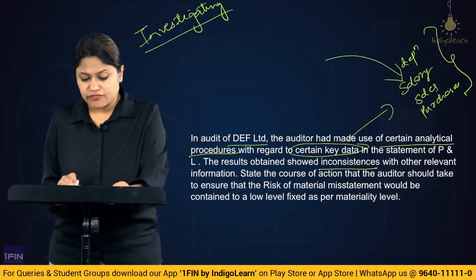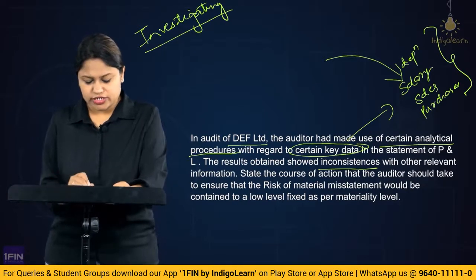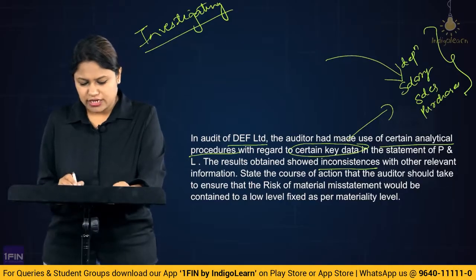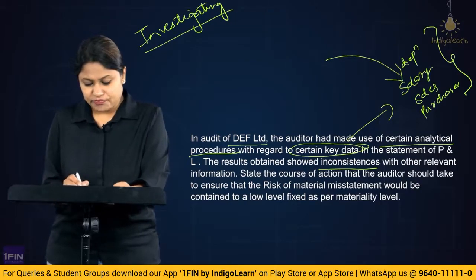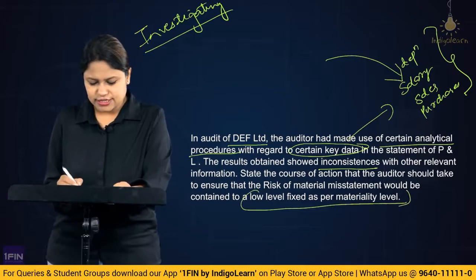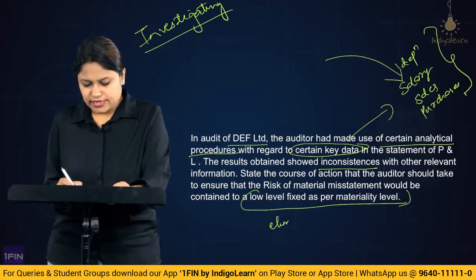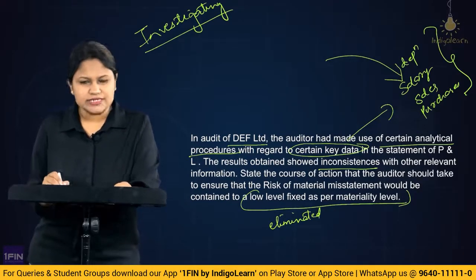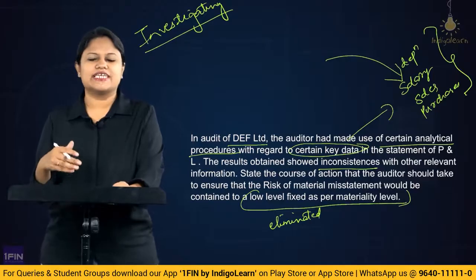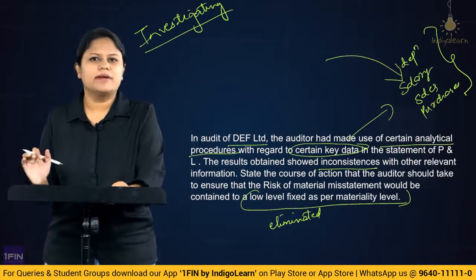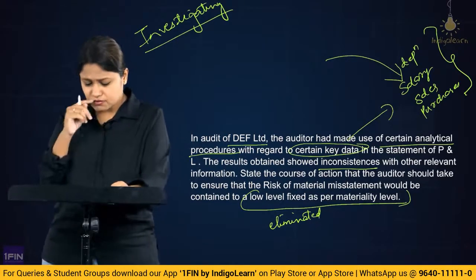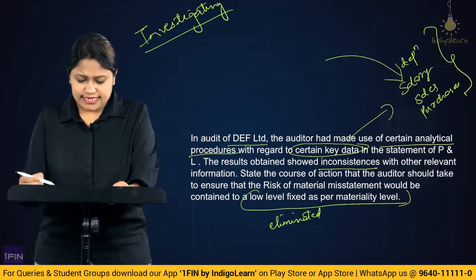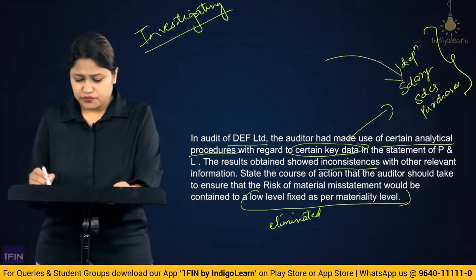Now, state the course of action that the auditor should take to ensure that the risk of material misstatement would be contained to a low level as per the materiality level. Instead of this, they could also say eliminate it. Obviously auditors cannot bring it to zero, so we are going to consider it a low level. But when we study, we say we are trying to eliminate the possibility of a material misstatement.